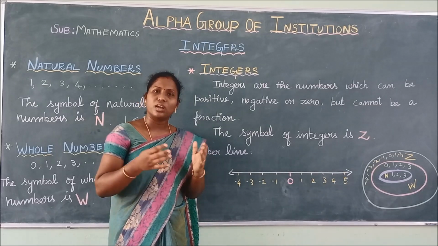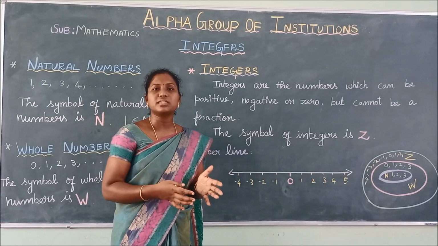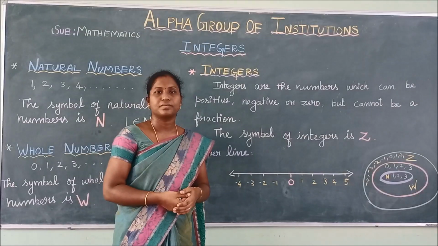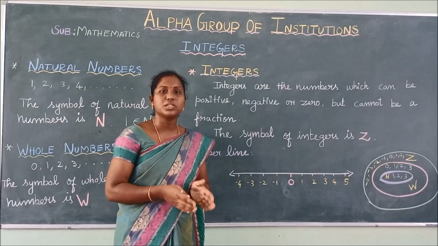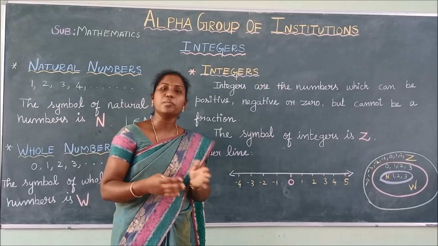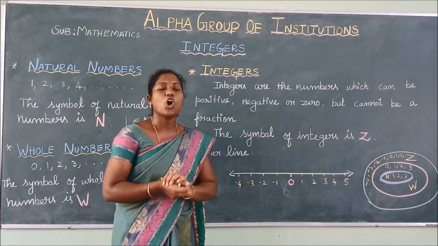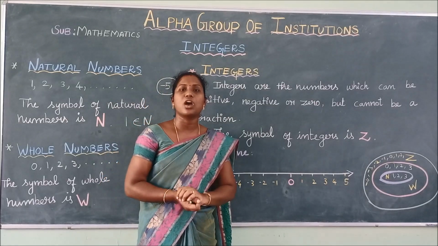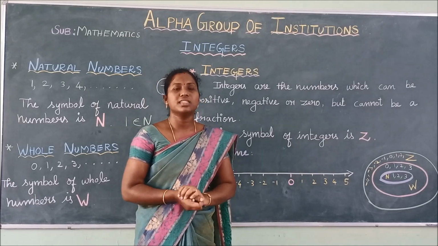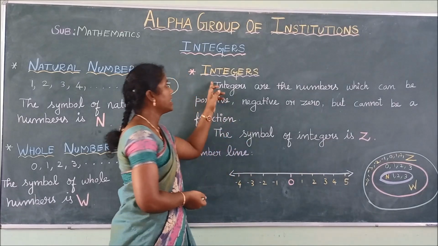So we are simultaneously using negative numbers also in our daily life with the positive numbers. All together, negative numbers, positive numbers and zero are called integers. See here, what are integers?